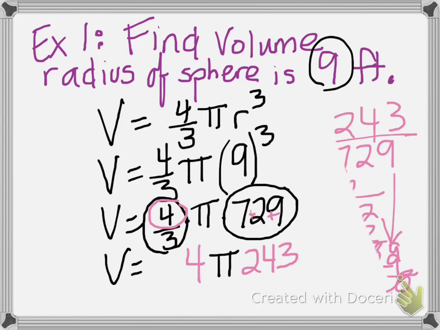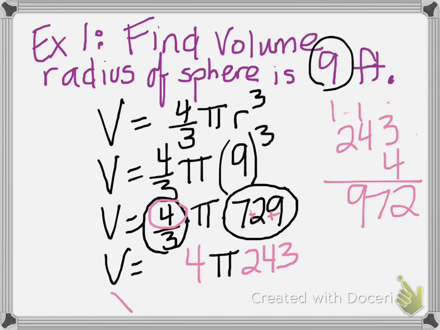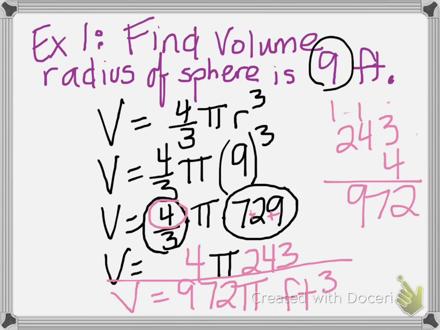So let me erase this again. 243 times 4 gives us 972. So my volume is 972 pi, and we're in feet, so feet cubed. For right now, let's leave pi as pi. Let's not worry about multiplying it out with 3.14.